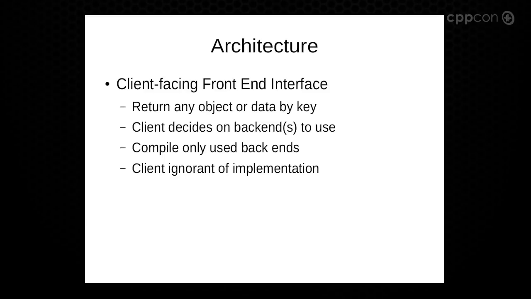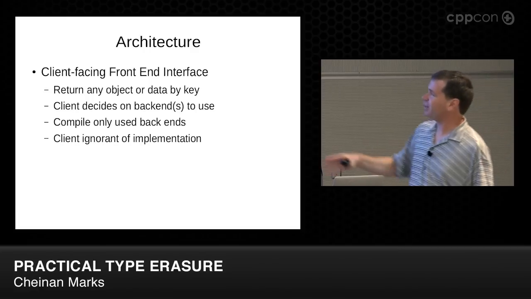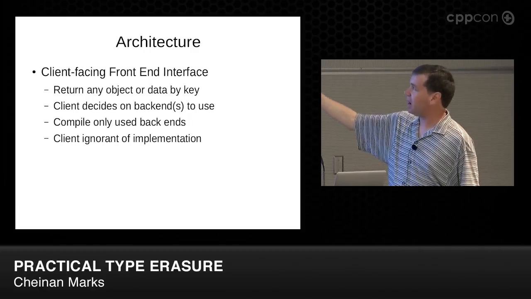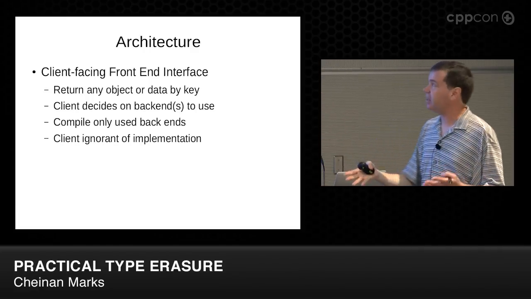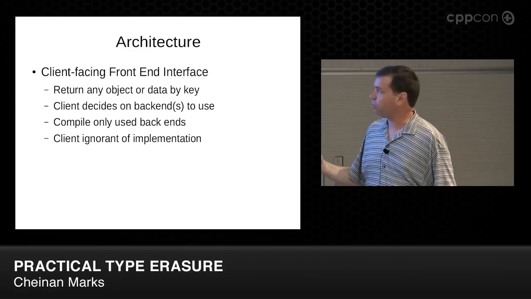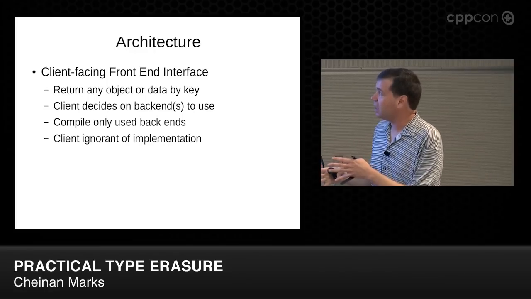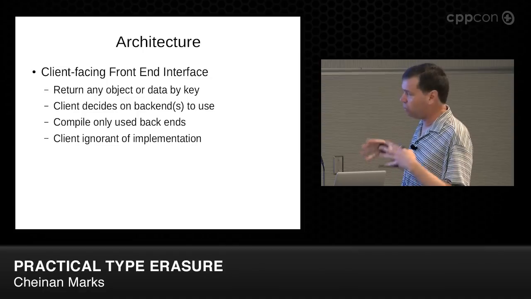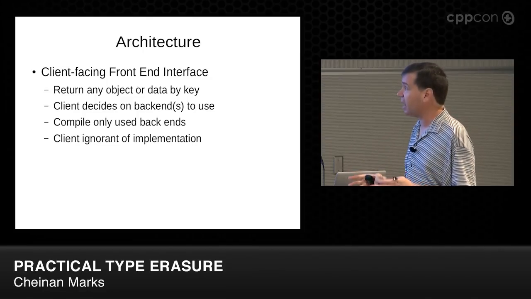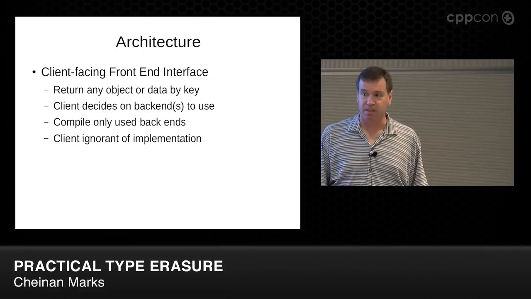So those are the requirements for the configuration framework. So here's the architecture that I came up with. There would be a front end and there would be a back end. The front end would be generic, and well, I didn't know that yet, but the front end would return any object by key. So you'd pass in the string, that's the key, and the client furthermore would decide which backends to use, and you would only compile those backends that you're using, and the client would also be ignorant of the implementation.